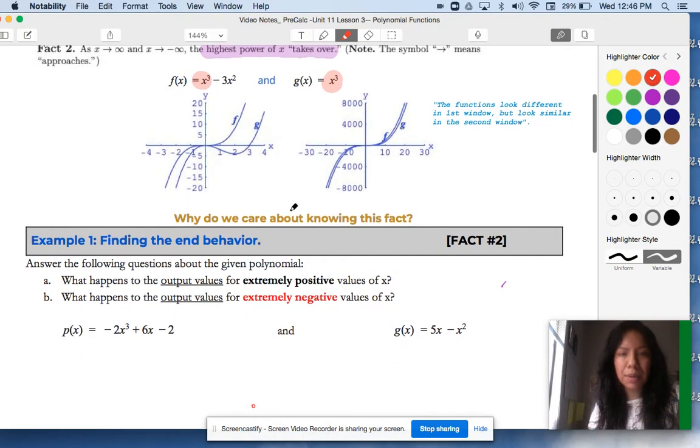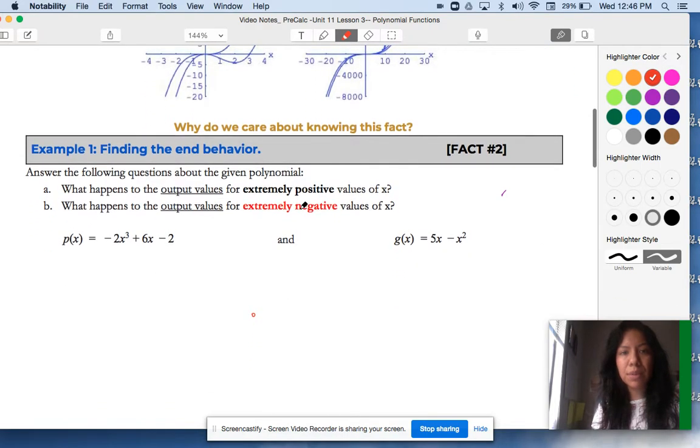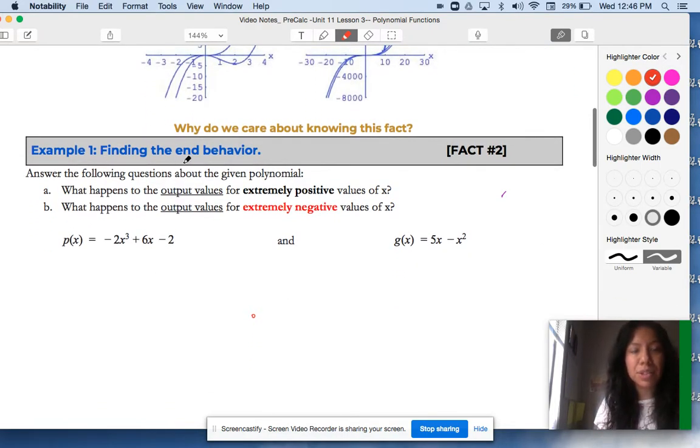So why do we care about knowing this fact? Well, this will actually help us to determine the end behavior. The question here says, answer the following questions about the given polynomial. What happens to the output values for extremely positive values of x? What happens to the output values for extremely negative values of x?